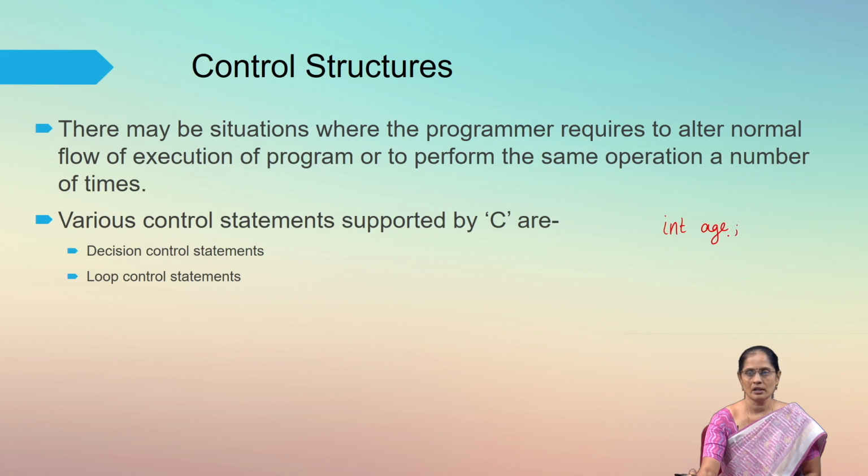age as the integer variable in my main function, then I need to check whether the age value is going to be greater than 18. So, I am just prompting the user to enter their age using a printf statement.